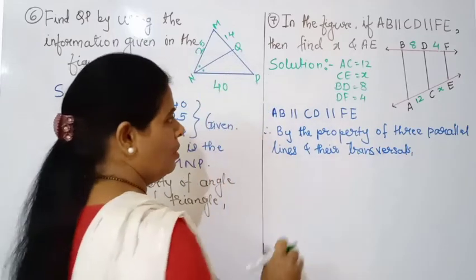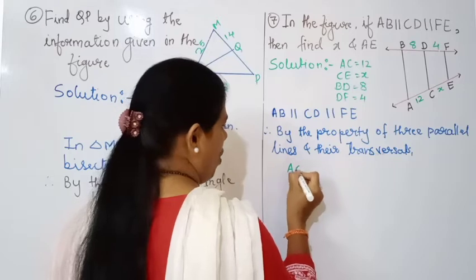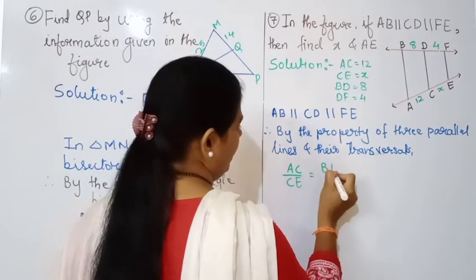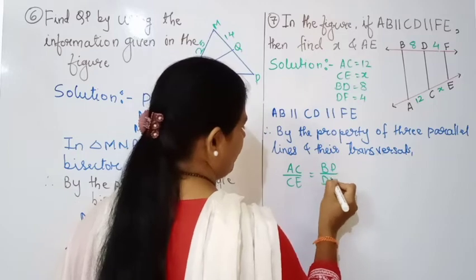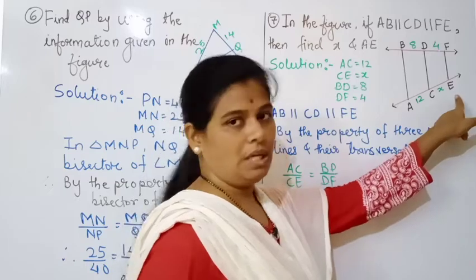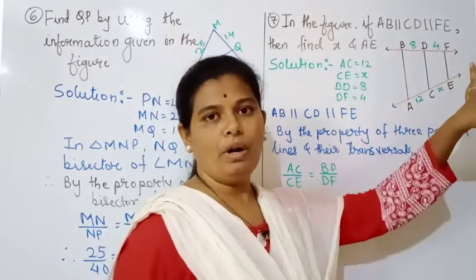What is the ratio? AC upon CE is equal to BD upon DF. See, we have written the ratio AC upon CE equal to BD upon DF.